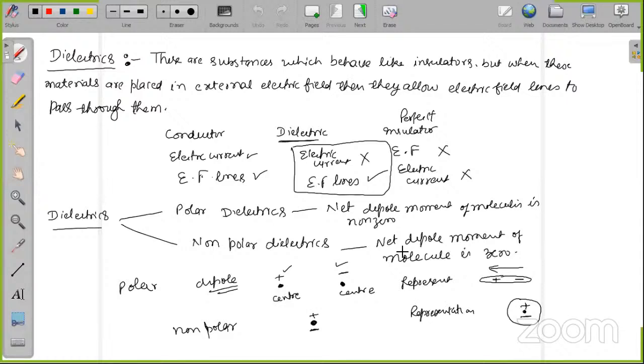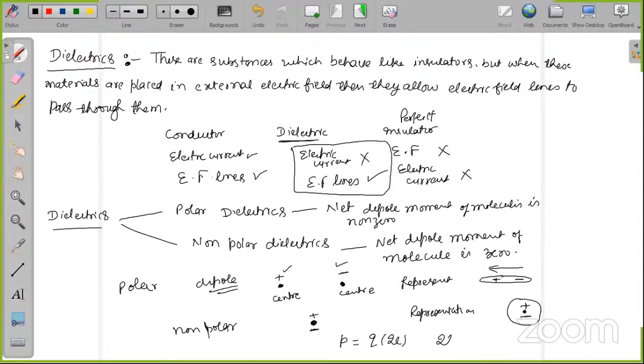For non-polar dielectrics, the net dipole moment of these molecules is zero. How can the dipole moment be zero? We know from our school physics that dipole moment is the product of either charge and the separation between the charges. So P, the dipole moment, is equal to Q into 2L.